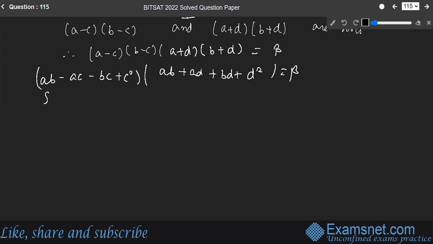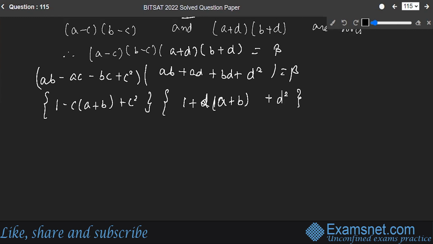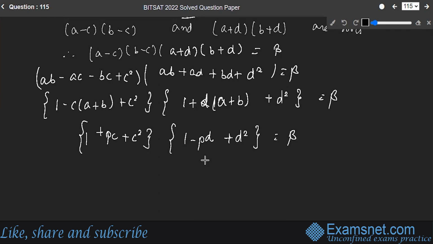is equal to beta, or I'll take 1 minus C common, (A plus B) plus C square, 1 plus D common, (A plus B) plus D square is equal to beta. Or this, A plus B, that was equal to minus p. So this will be 1 plus pC plus C square, 1 minus pD plus D square is equal to beta.